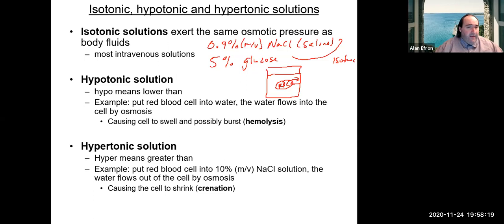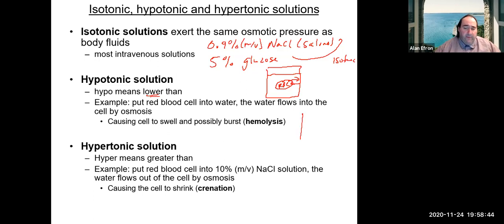We can have a hypotonic solution. Hypo means less than or lower than. In a hypotonic solution, the solution on the outside is less concentrated than, say, the red blood cell. So osmosis is going to cause all of the water from outside of the cell to rush in.